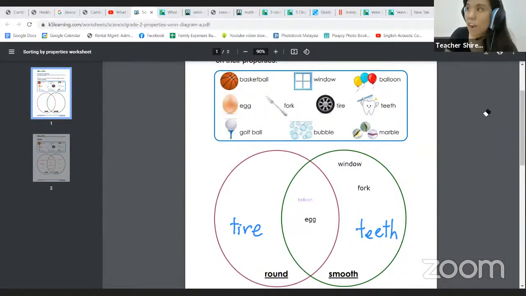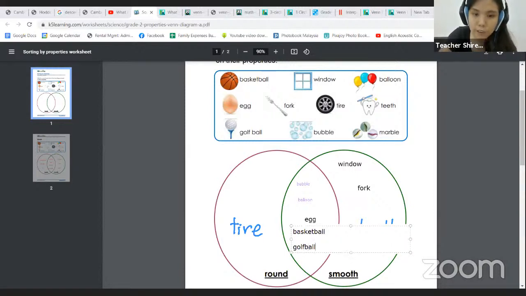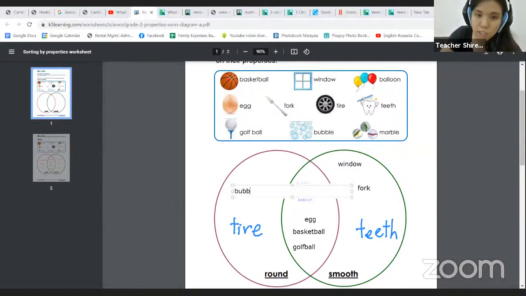If it's round but not smooth, you put it here, but if it's round and smooth, it's over here. So basketball as well as golf ball go over here. Understand the difference between outside here and inside here? This is what is called the intersection. A bubble is round, but you cannot touch it, it's not smooth or anything, so it's outside here. You cannot put it in the middle. Understand?